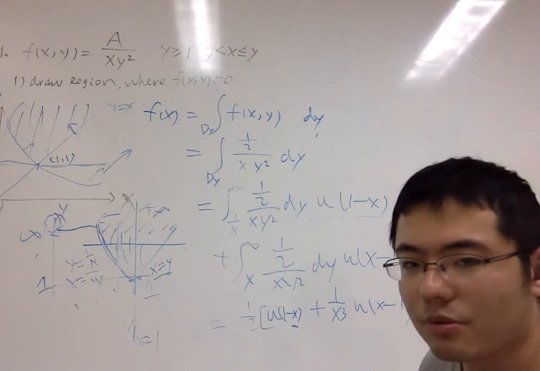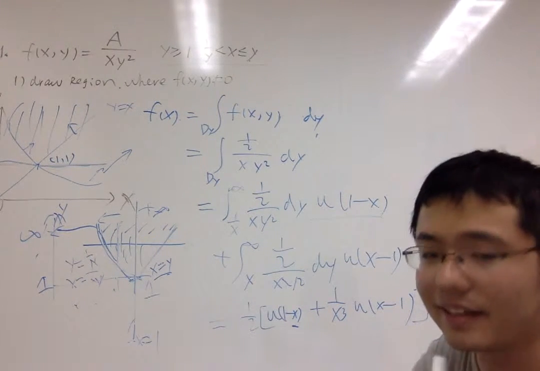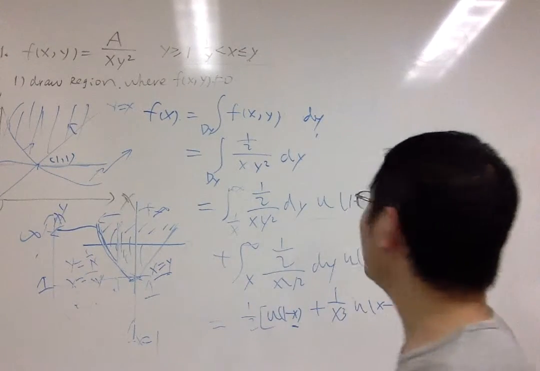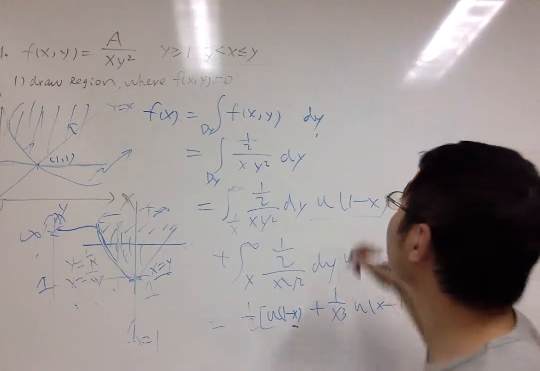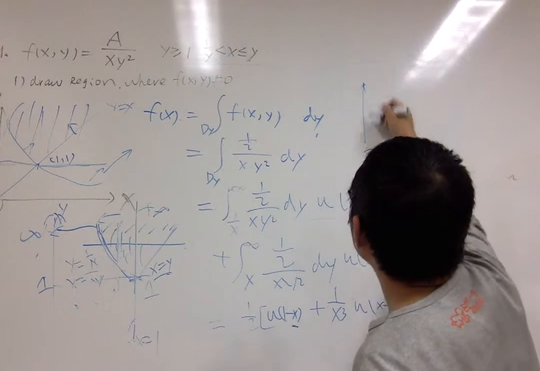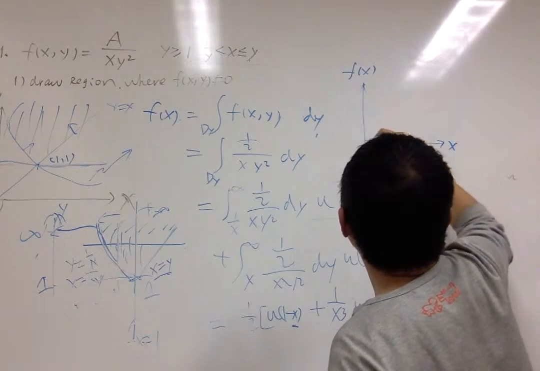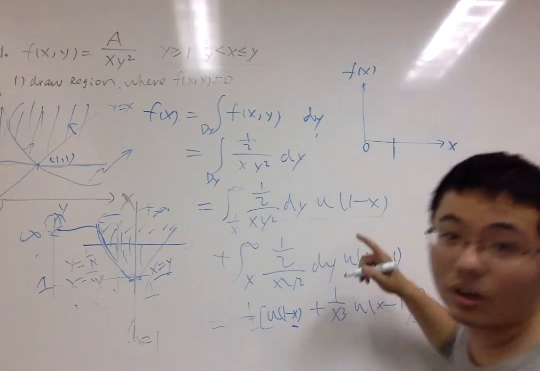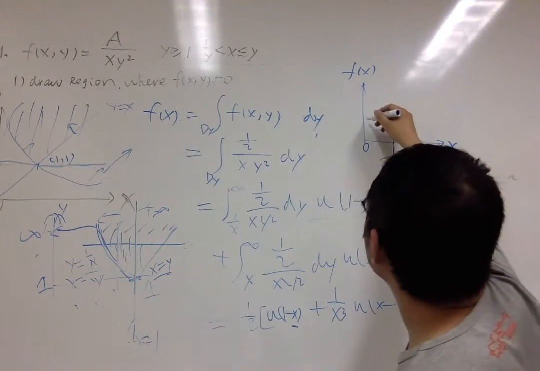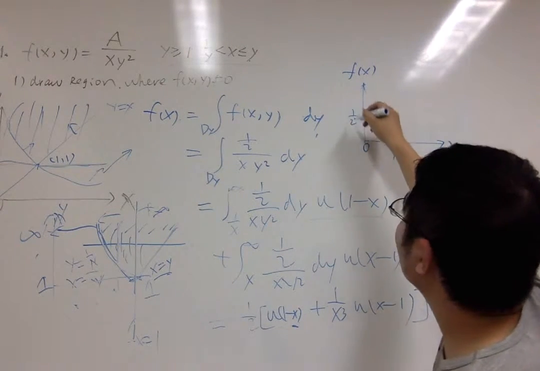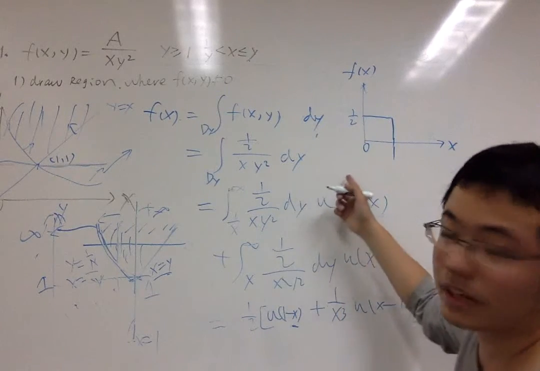A uniform distribution is just like a constant signal, so we could simply draw it here. When x is between 0 and 1, it's a constant signal with a height of 1/2. This is a little bit out of scale.